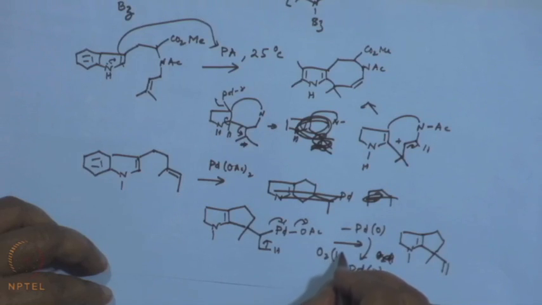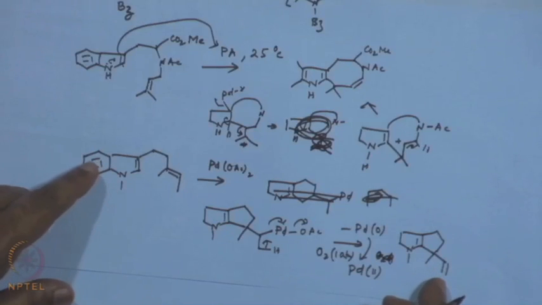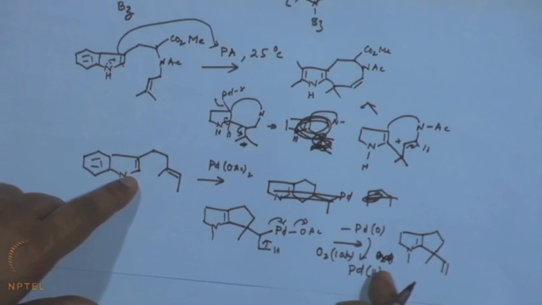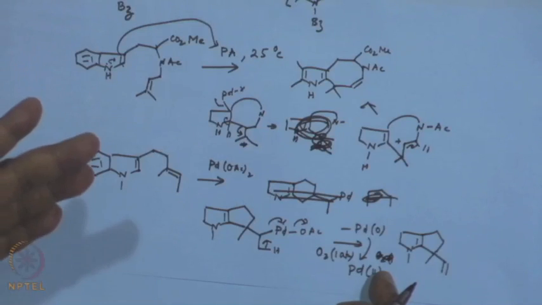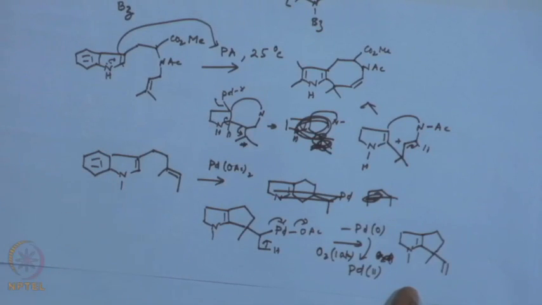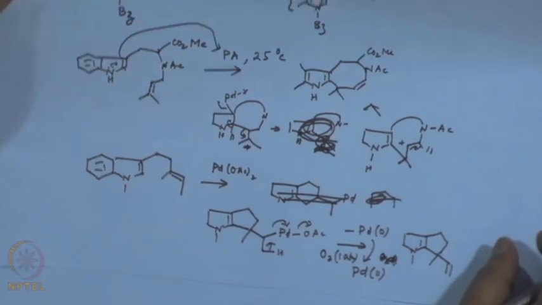If you look at the oxidation state of the starting material and the product, you will see it is nothing but an oxidation, and if you compare the molecular formula, they differ only by 2 hydrogens. That is why these sorts of reactions are known as oxidative coupling.